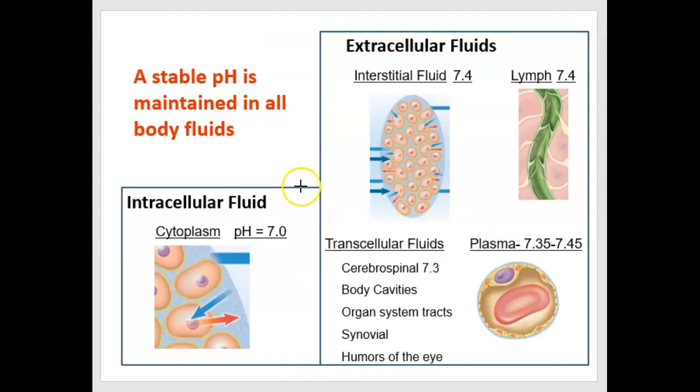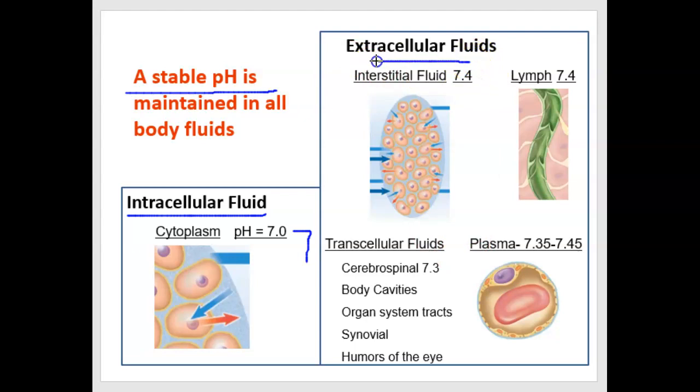Our body fluids have pretty stable pH levels, including inside our cells, the cytoplasm, which is basically a pH of 7. And our extracellular fluids are usually somewhere around 7.4, slightly basic.